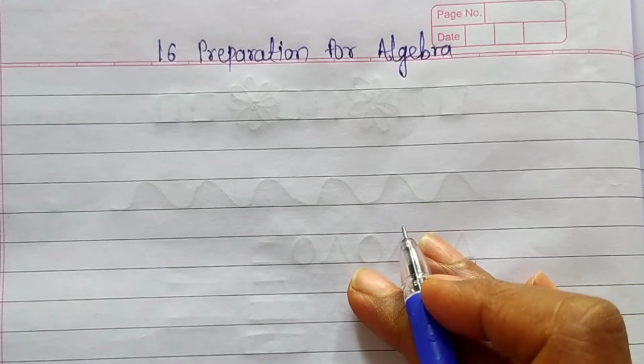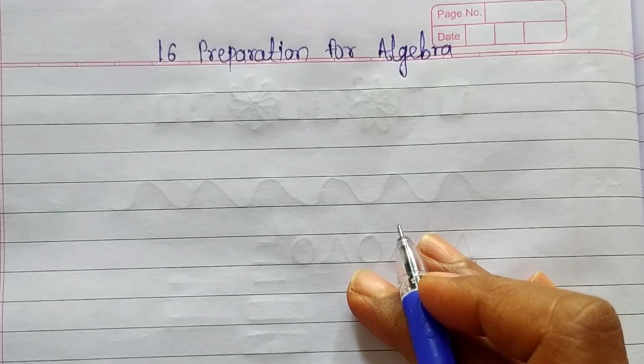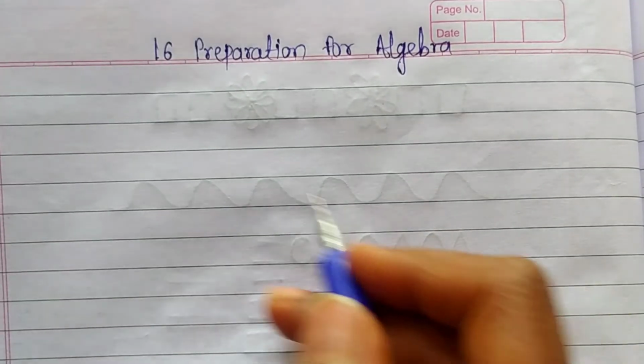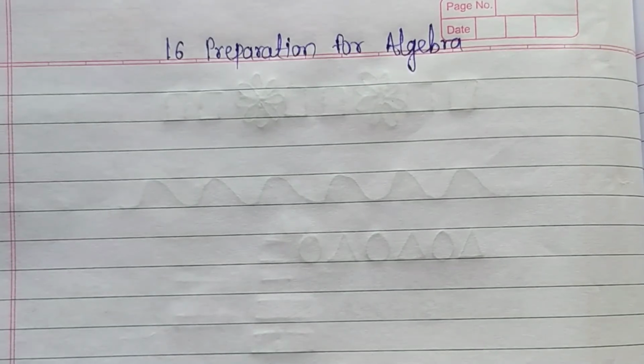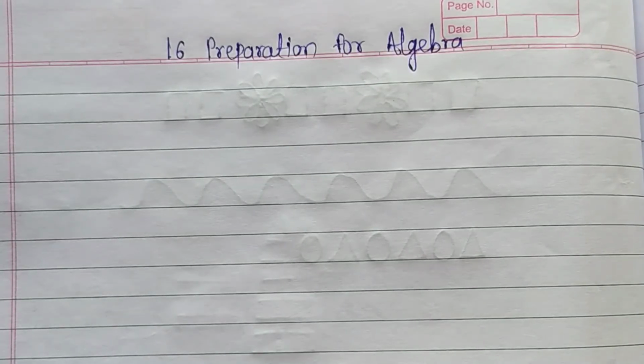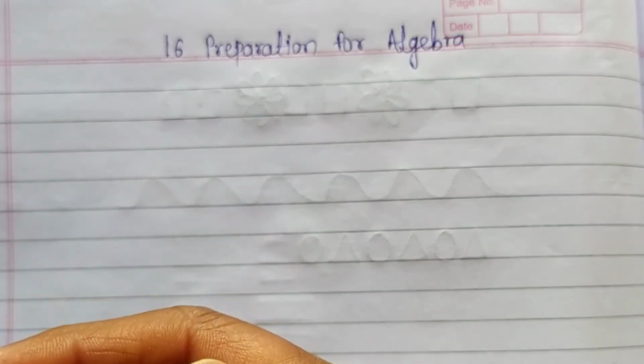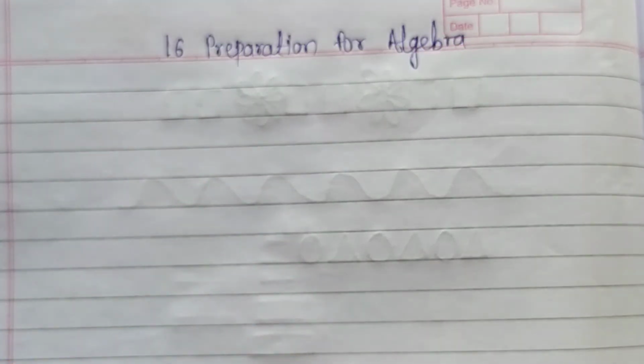So for it, we should know about equality and inequality. So first, let's learn about equality. Look, when we add, subtract, multiply or divide two numbers, the answer we get is always another number.